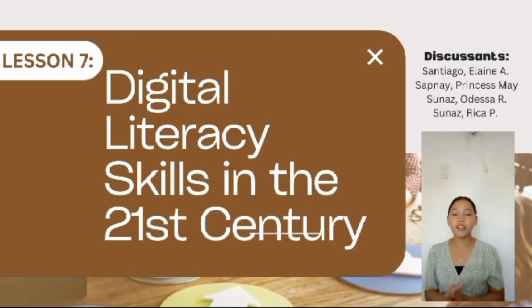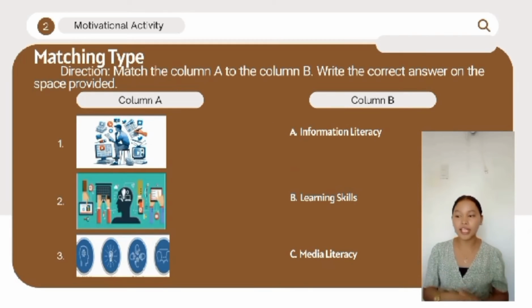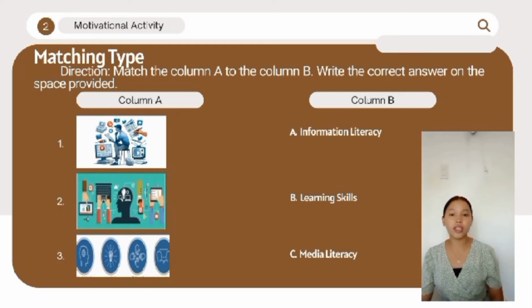Very good. So, now let's have a short activity for our motivational activity. You just have to match the column B to the column A. Okay? So, number 1, what do you think is that picture?